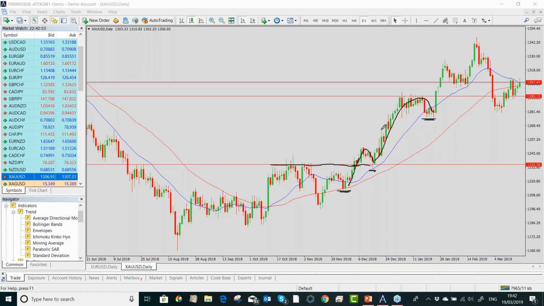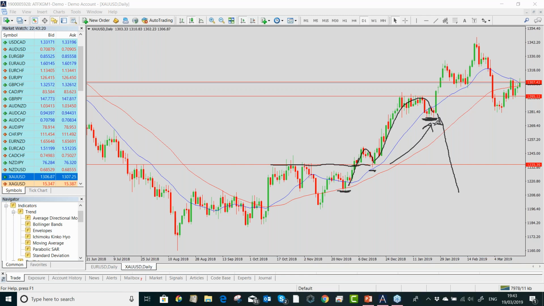So not only are we making money as price goes up, but we're also locking in profits, because that means if our stop loss is now up here, price can't come all the way back down here and we're giving all of our money back to the market. If price just comes down here, then we get stopped out of the trade, and actually that would still be a profitable trade.